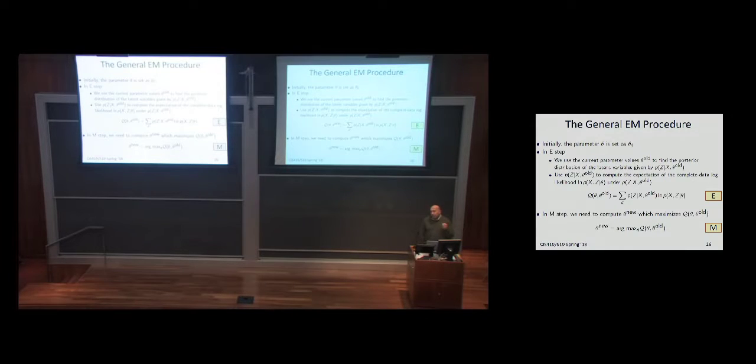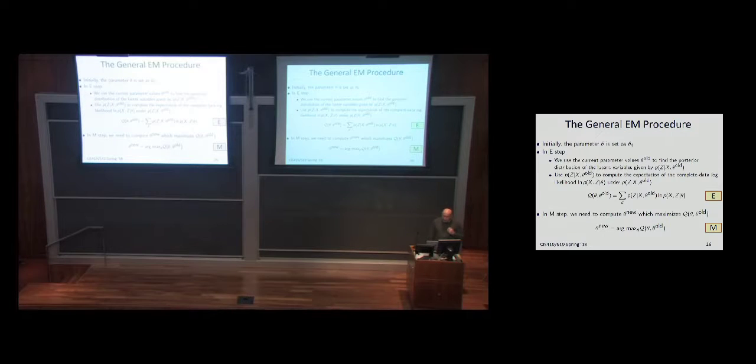Guess the label. P of Z given the data and the old parameters. All right, this is my P1I. Guess the label. Once I guess the label, I'm computing the expectation of the log likelihood of the data, which is this long expression that I've written before under the Bernoulli thing.